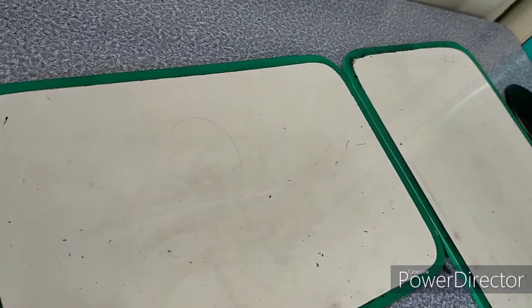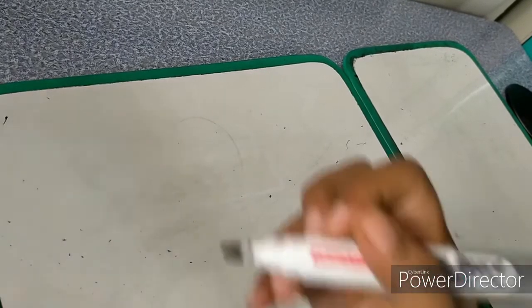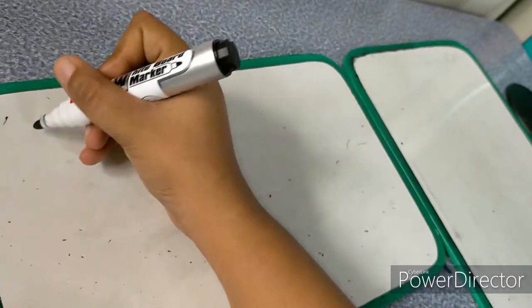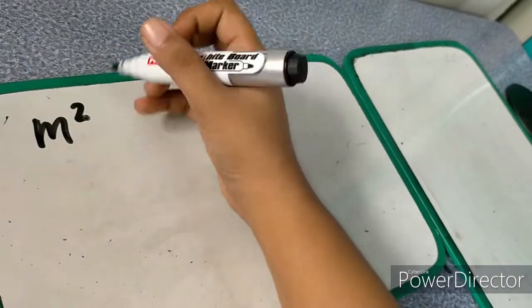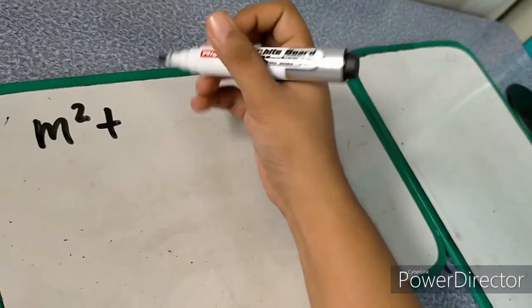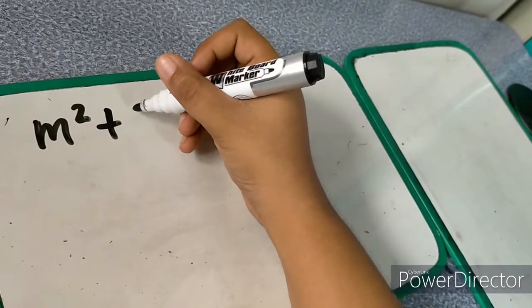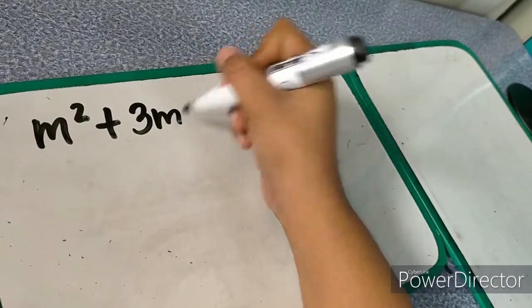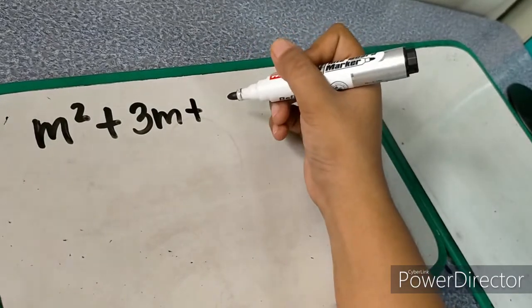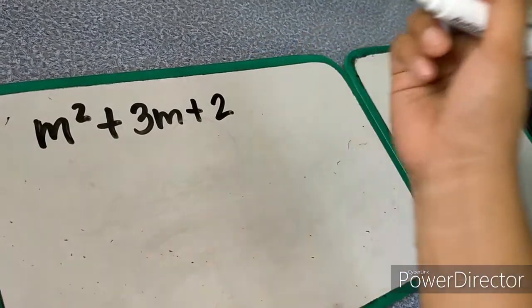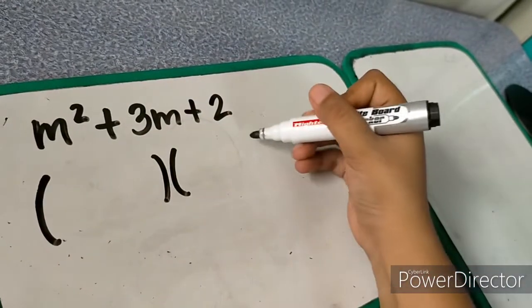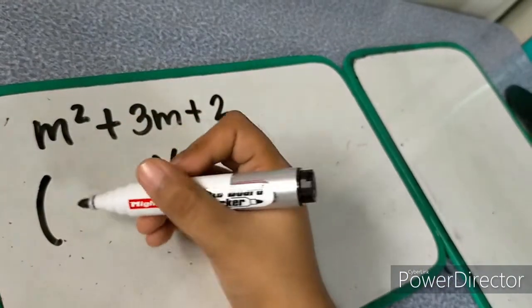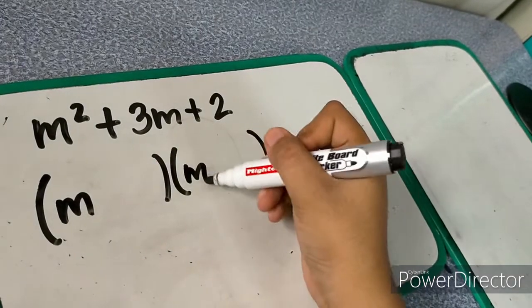We have m squared plus 3m plus 2. Now, let's try. First, factor the first term. So, it is m times m.